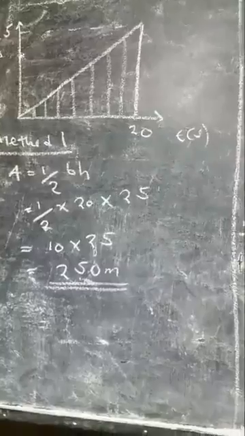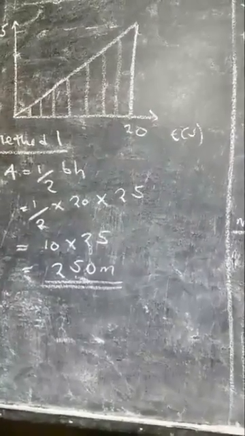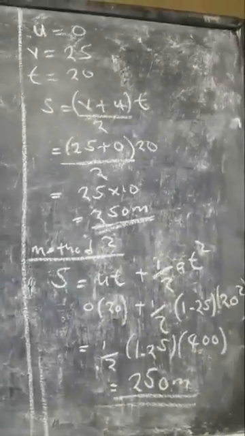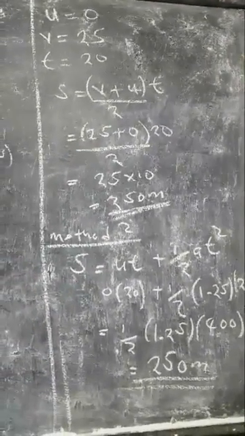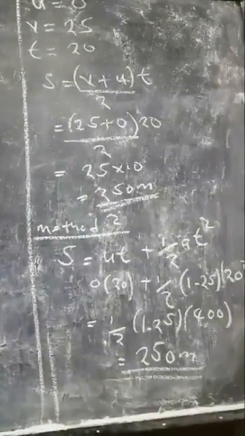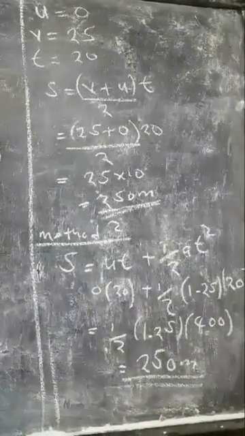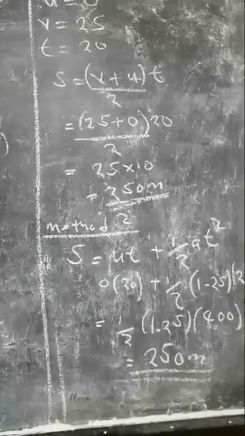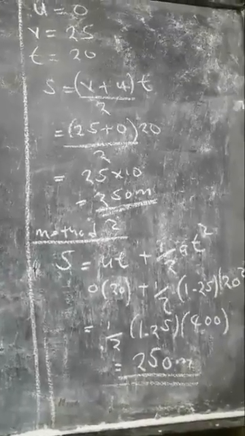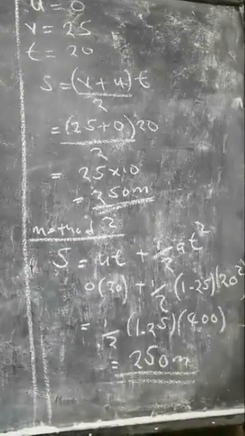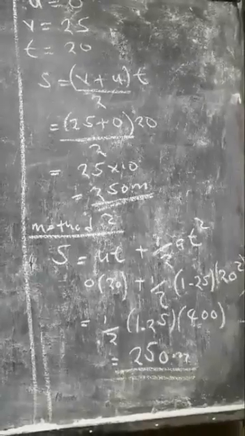Let's solve the next one. So let's solve number 2. A girl who has a mass of 50 kg runs up some stairs in 7 seconds.